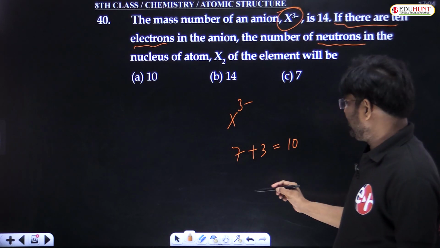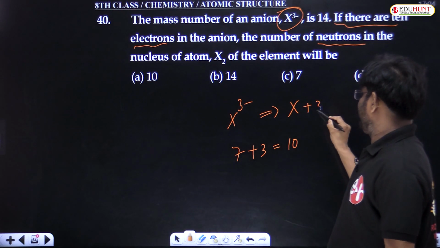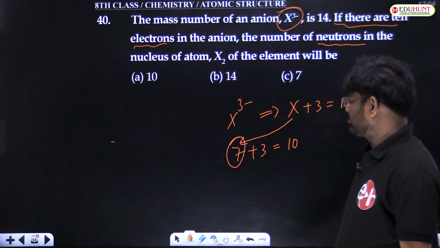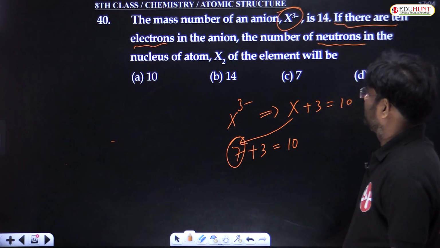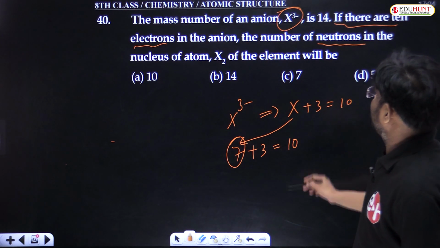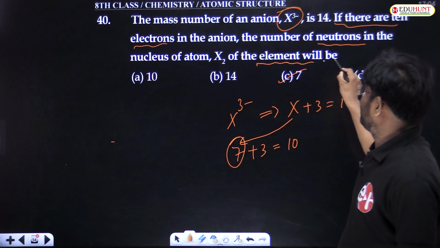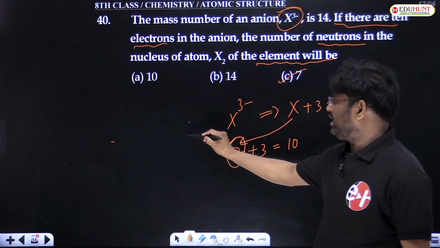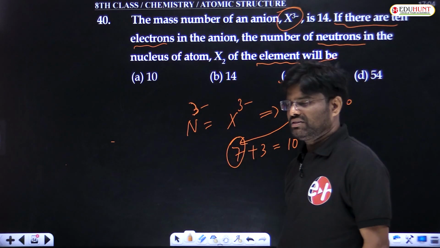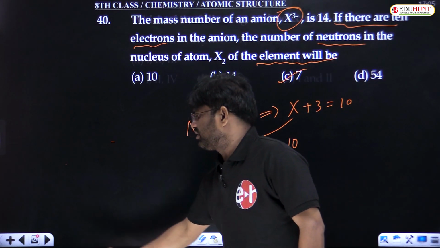So X must have 7 electrons. What is that element? It is nitrogen, so N 3 minus. So the option is the third one, C. Let's go to the next.